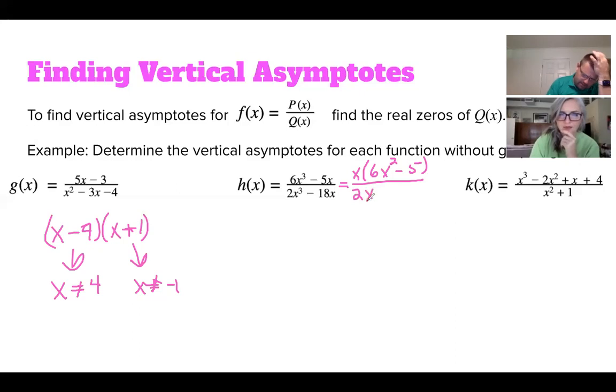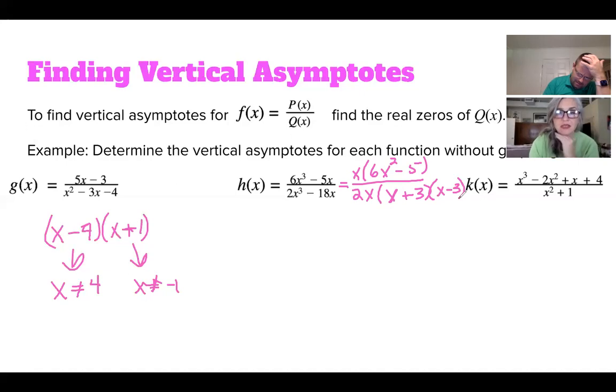Yep. And when I take a 2x out of that, I'm going to have x squared minus 9. I know that's going to be x plus 3, x minus 3.